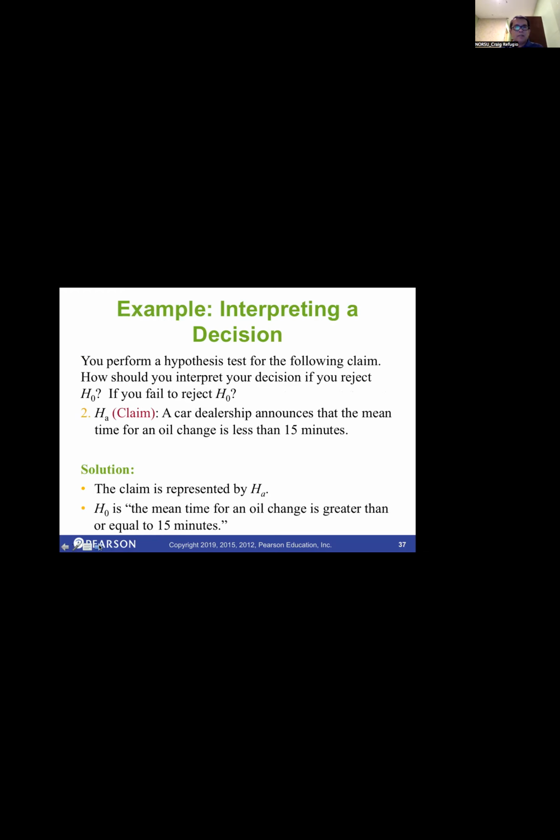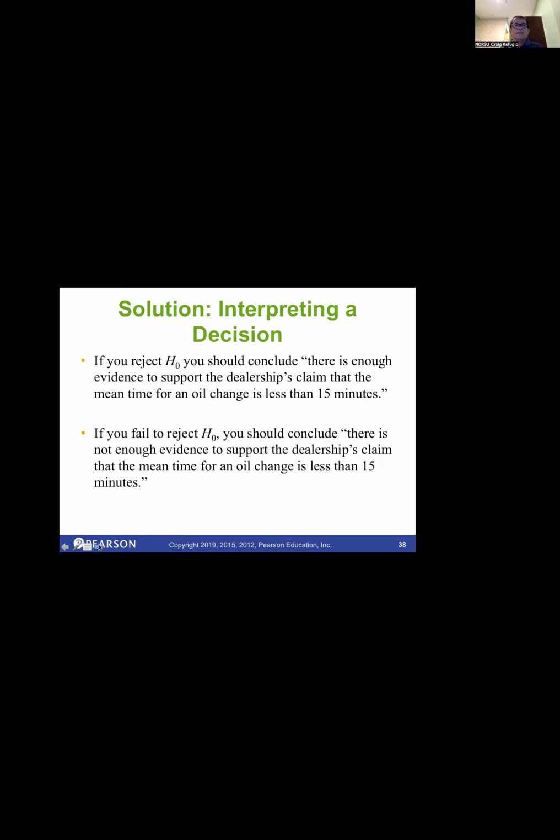So if you look back into the next, if you reject H0, where did you get there is enough evidence to support the dealership? That's actually from the template. You reject H0. So if you reject H0, we have the template: there is enough evidence to support the claim, and state the claim.